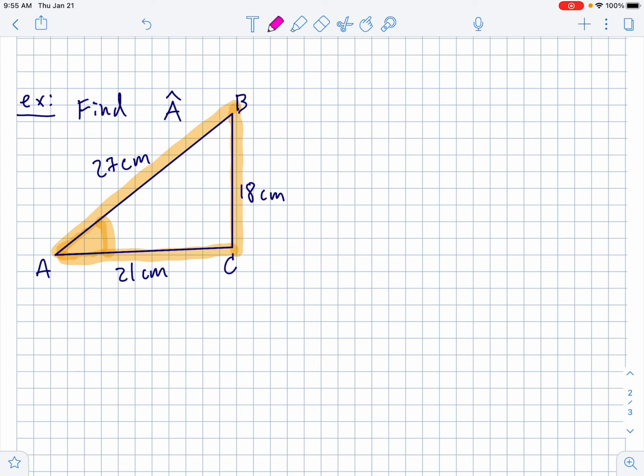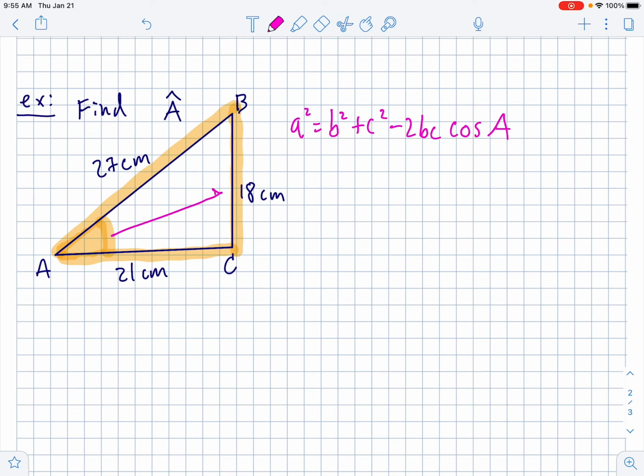Now we're going to find angle A, which means we're going to use the same equation again. Really, you could have switched it up to one of the different letters. So we're going to use a squared equals b squared plus c squared minus 2bc cosine capital A. So let's plug in everything we know.